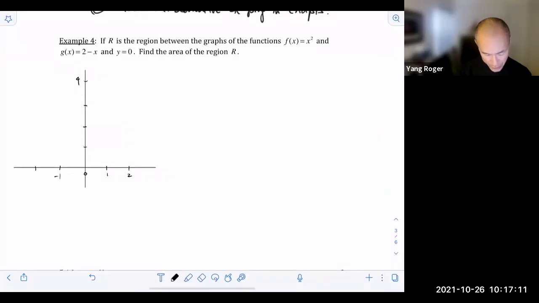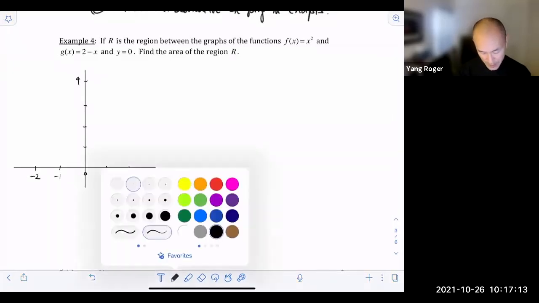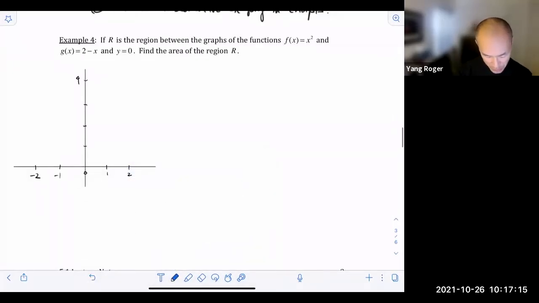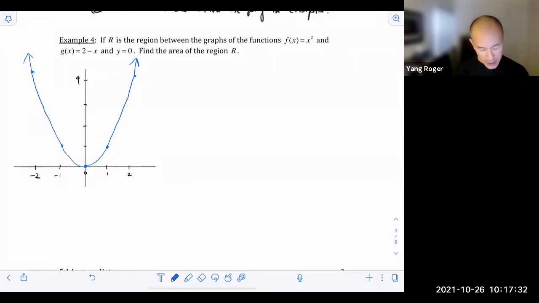Here's -2. Let's do our f of x in blue. I can graph x squared pretty easily. These dots will just be guidelines. It comes up like this, and this is our f of x equal to x squared curve.